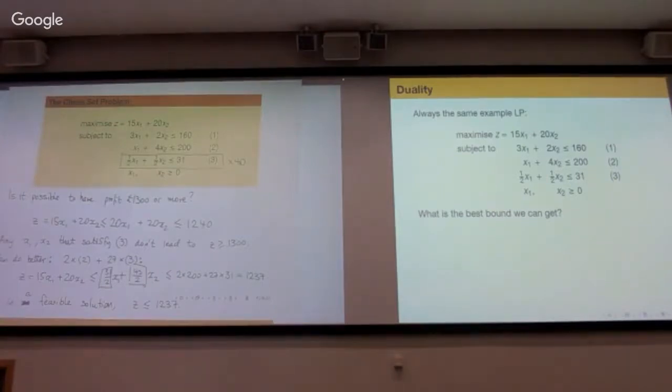Do you think we can do better than that? So the question asks us, what's the best thing we can get from this method? Well, what is the method?